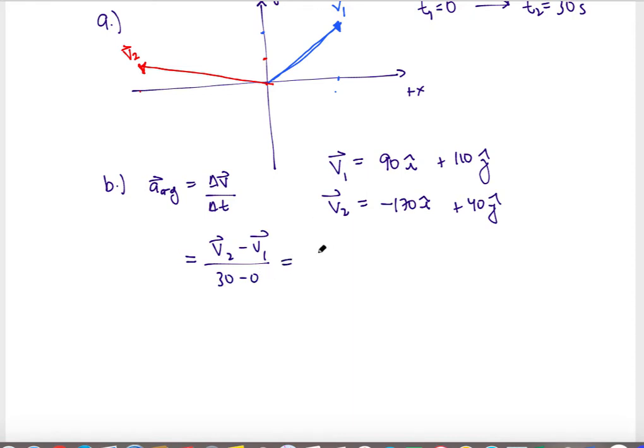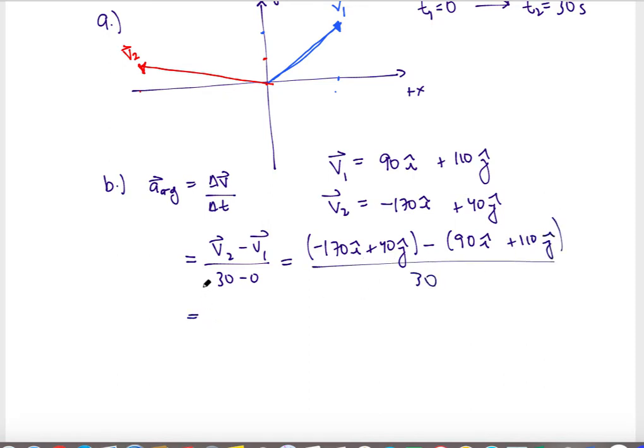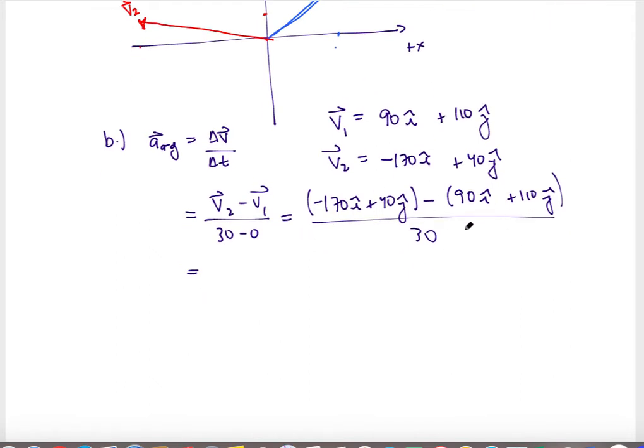So plugging this in, I will see that I have negative 170 i hat plus 40 j hat minus my initial velocity vector, which is 90 i hat plus 110 j hat, all over 30. So this is simply vector addition or subtraction at this point. For my i direction, I have negative 170 minus 90, so that is negative 260 i hat. For the y direction, I have 40 minus 110, so that works out to be negative 70 j hat, all over 30 seconds.